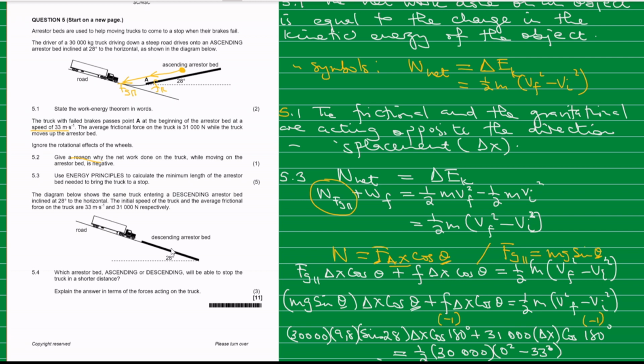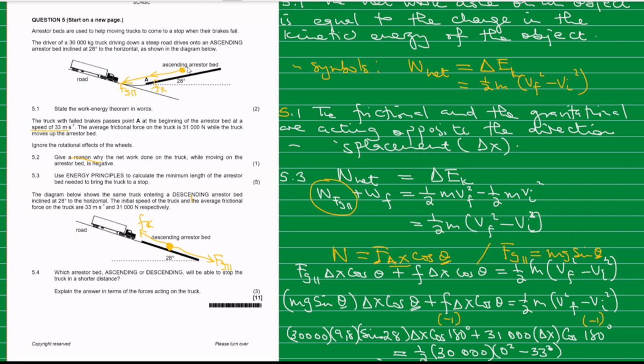Whereas when you compare here, if we draw our forces as the truck is moving down, the gravitational force, which is F_G parallel, will be acting down, because gravitational force always acts downwards. The only force opposing the truck is F_K. So in which scenario do we find a larger amount of forces opposing the truck?